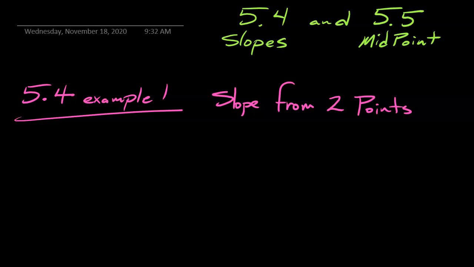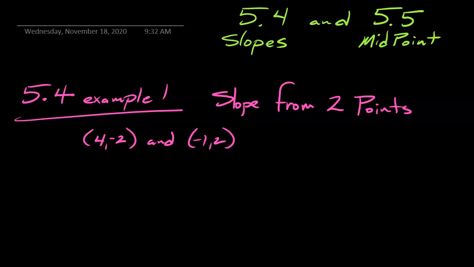So let's say we have a line that goes through (4, -2) and (-1, 2). The question would be to find the slope of the line that goes through these 2 points.